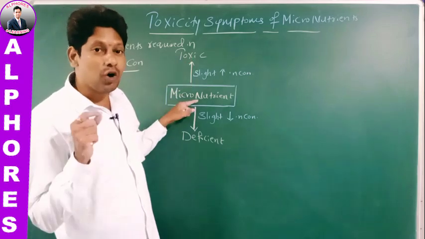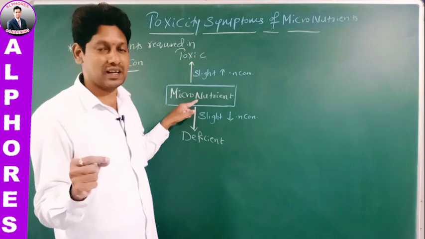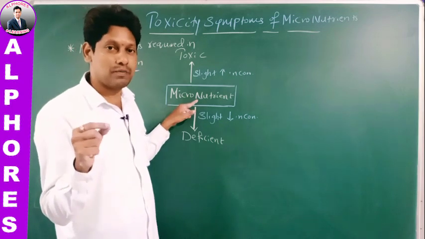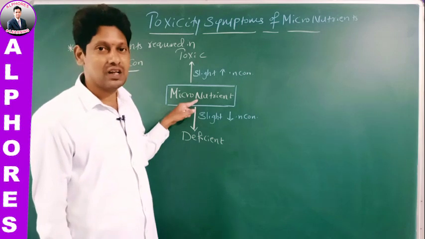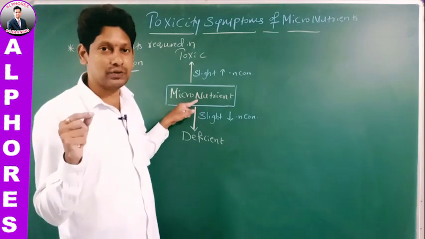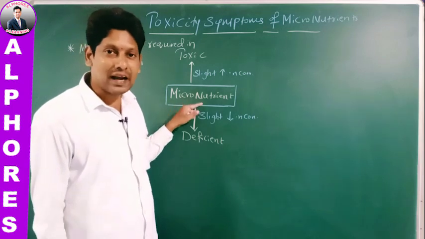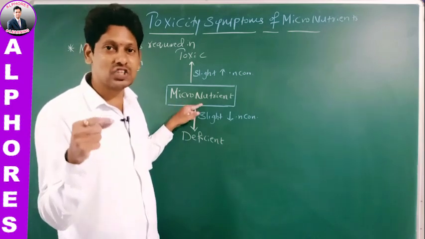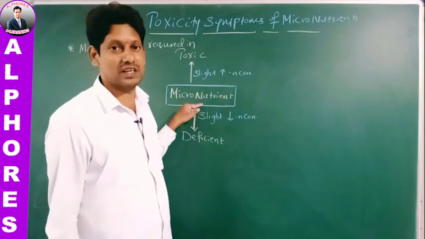It means only that much amount of micronutrient required for growth and development of the plant should be supplied. It means the requirement of micronutrient is in a narrow range. Therefore, the plant requires a narrow range of concentration of micronutrients for its growth and development.